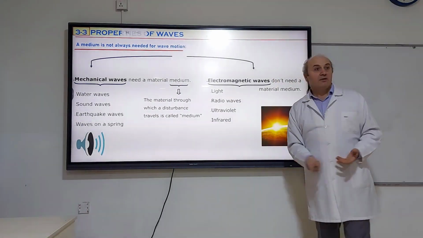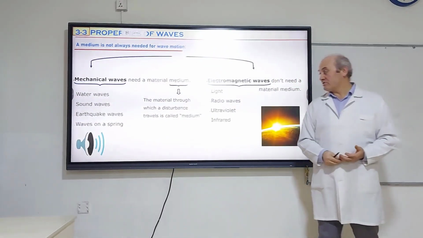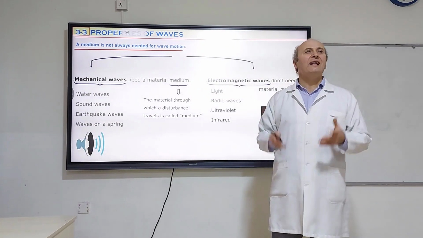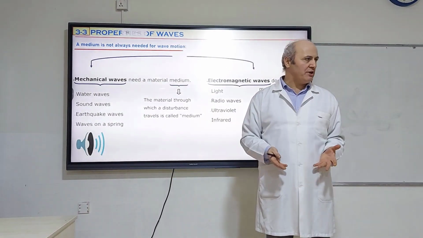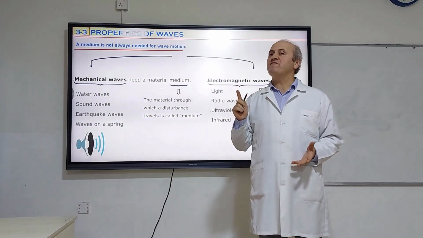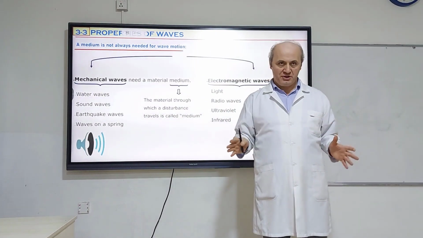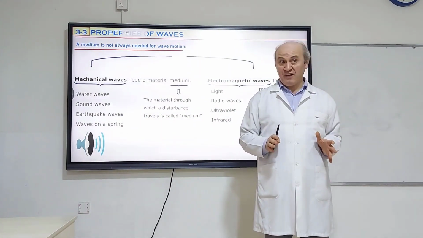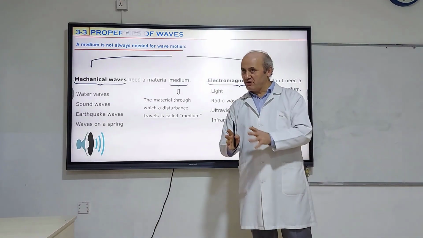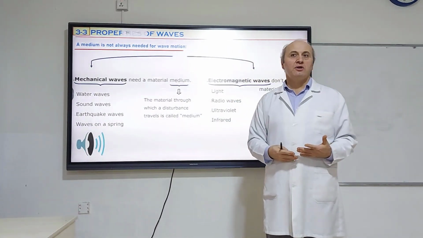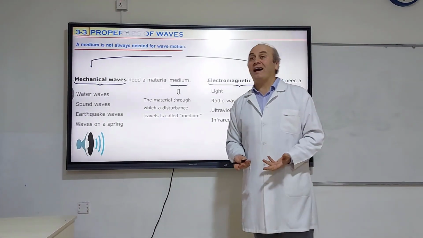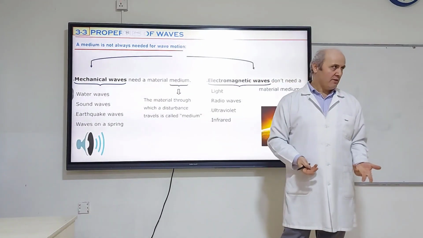Not only light, but radio waves, ultraviolet rays, infrared rays, all electromagnetic waves, none of them needs a medium. They are fastest when there is no medium. In free space, they are fastest. When they enter a medium, they slow down. In water, in glass, light is slower than in space.